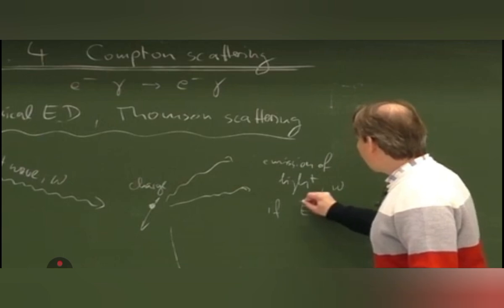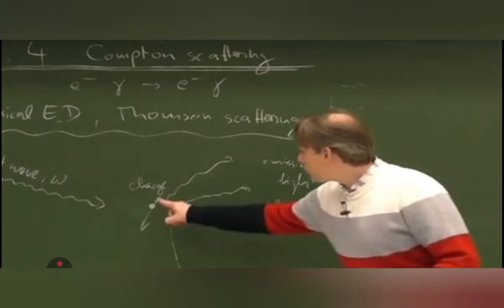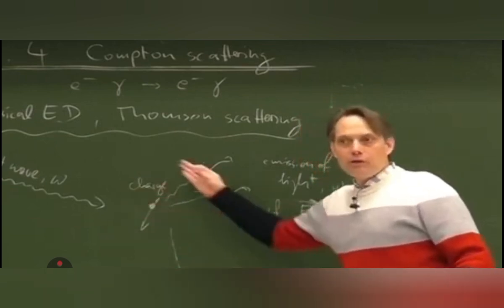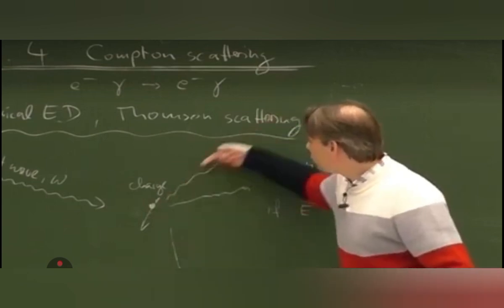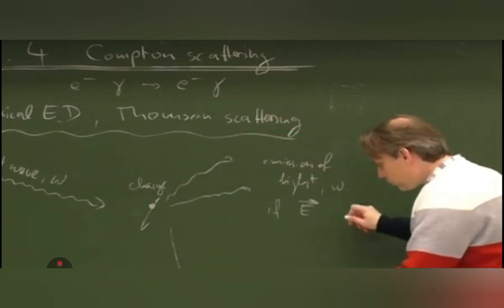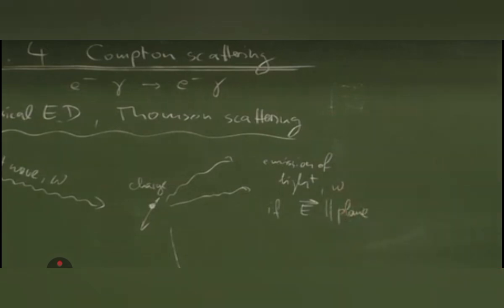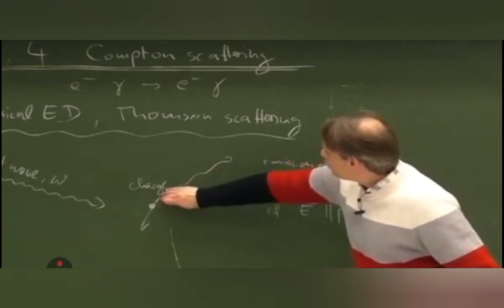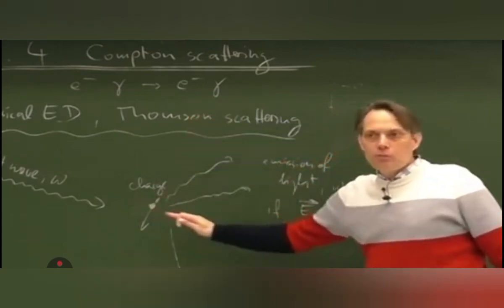So if the electric field of the incoming light wave is oriented like this one here, so that everything happens in the blackboard plane, so the field is in the blackboard plane and the radiation is also considered in the plane of the blackboard, then the angular dependence is as follows: in the direction of the antenna there is nothing, in orthogonal direction the emission is maximal.